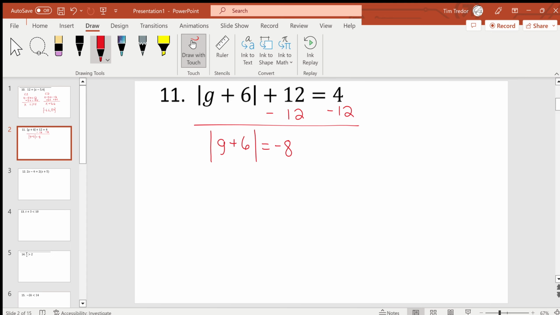Well, we're encountering a problem now because absolute value cannot equal a negative number. So I don't need to set up case 1 or case 2 for number 11. I'm just going to tell whoever's grading this that there are no solutions for number 11. We can use our symbol for the empty set, or I can just simply write no solutions.